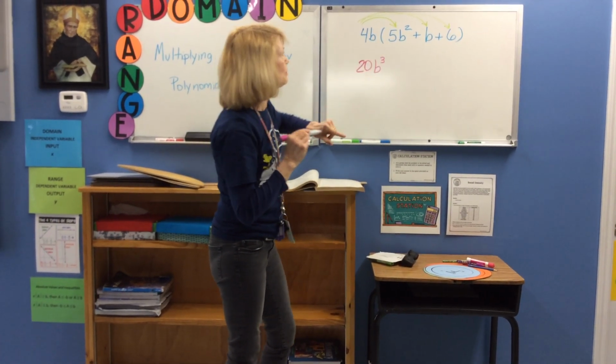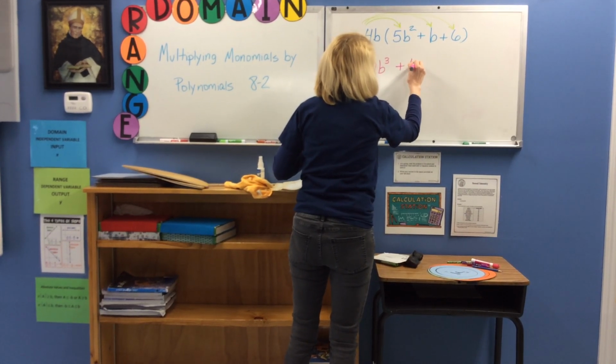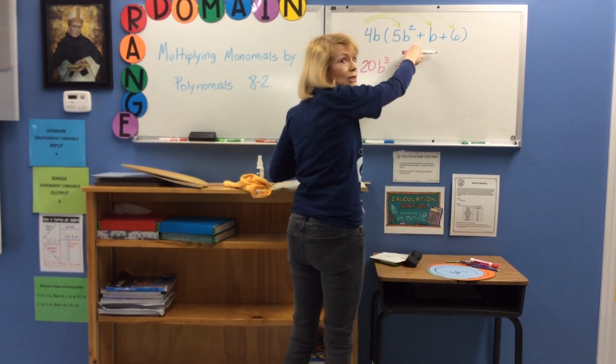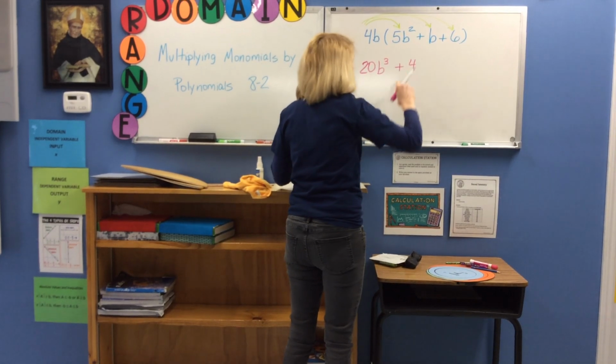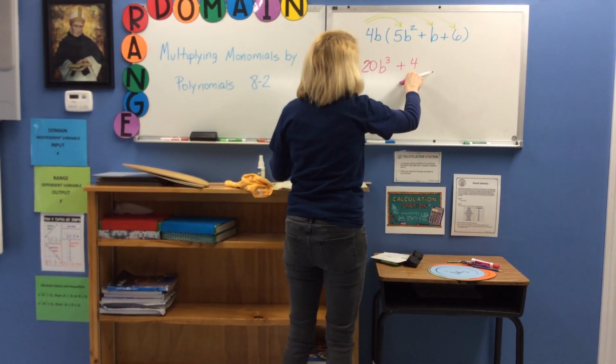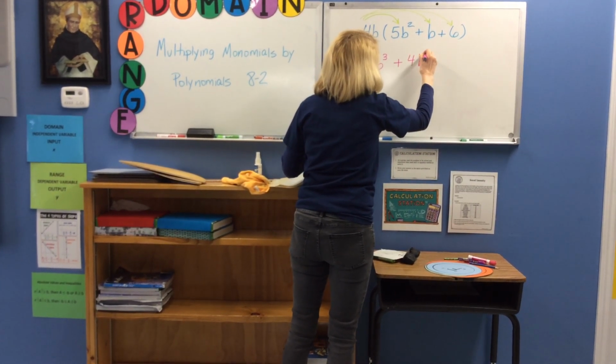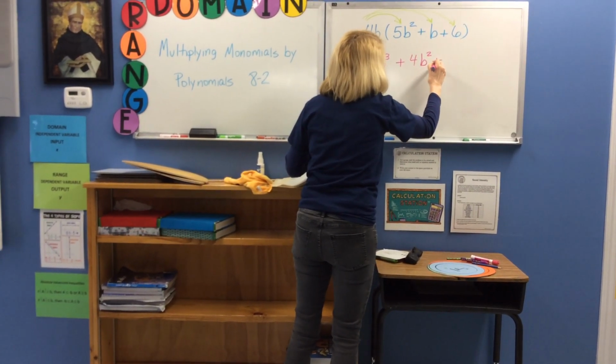Now I'm going to do the same thing for b. 4b times b is 4, because there's a 1 here, we just don't draw it, but if it helps you to put it in, that's fine. 4 times 1 is 4, and b times b is b squared, or b to the second power.